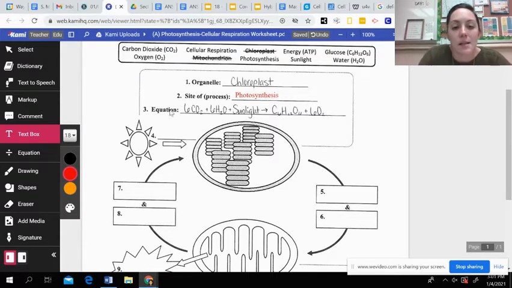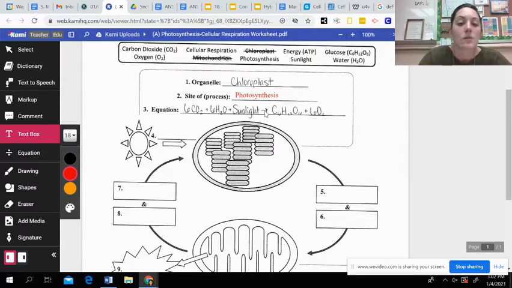Then, as you can see, this big equation is considered a chemical equation, and it has balanced compounds and materials that are needed. So this includes 6 carbon dioxide molecules plus 6 water molecules plus sunlight to get the process started.